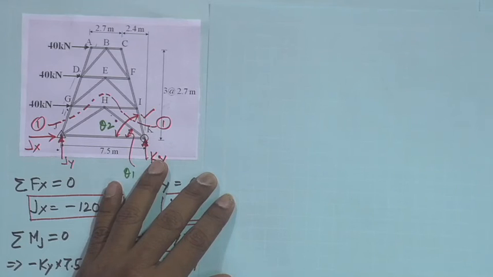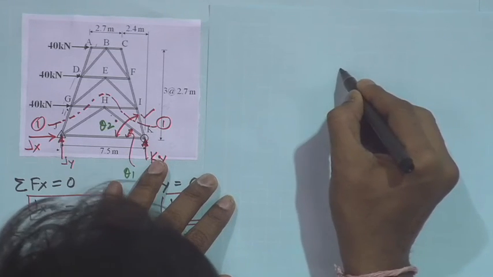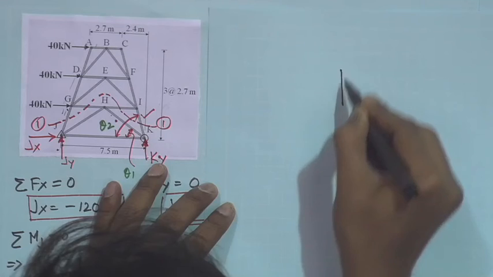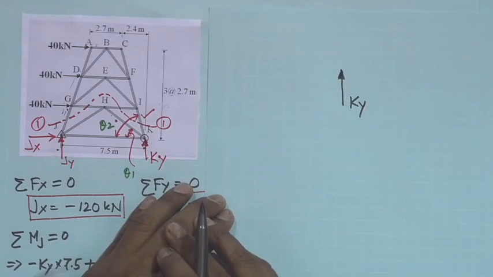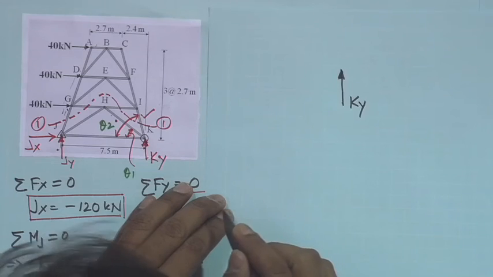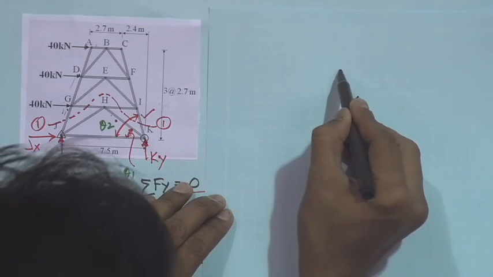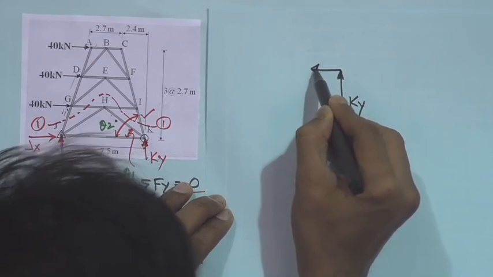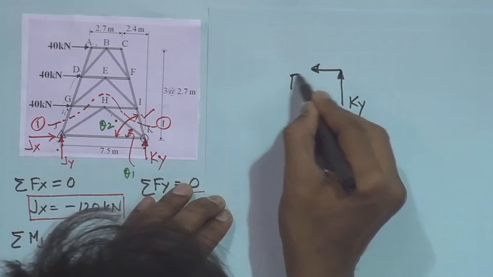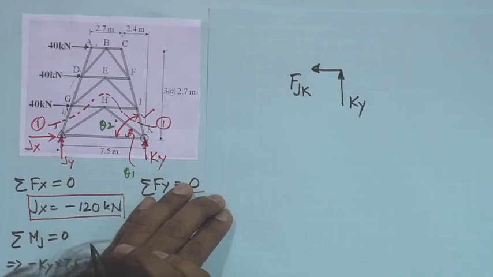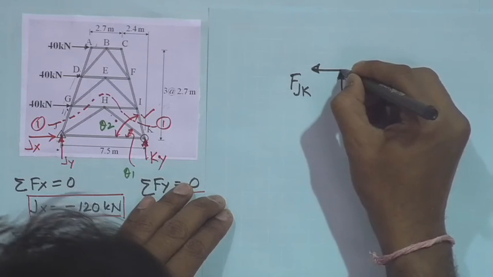This is joint K. So, first is the vertical reaction, which is Ky, and then we have this Jk.